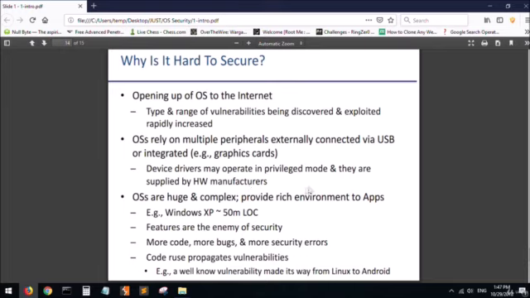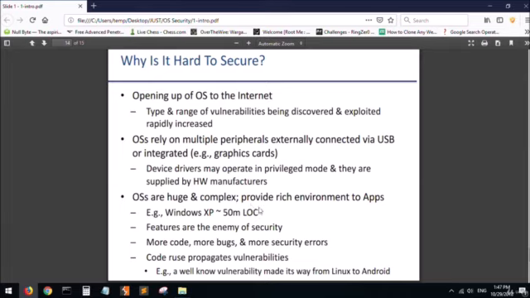Also, there are many drivers, for example a card driver, which may run in a privileged mode. The card driver, by the way, is a program. So if this program runs in a privileged mode, with root access or administrator, the attacker can use this to his own benefit.